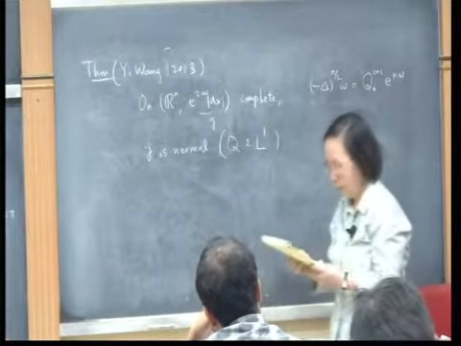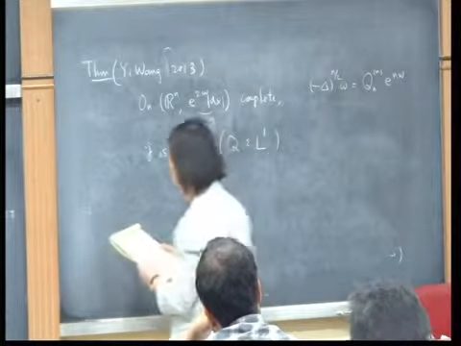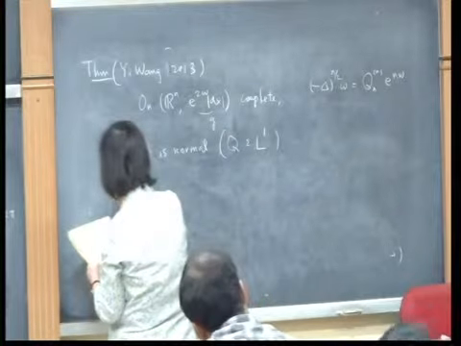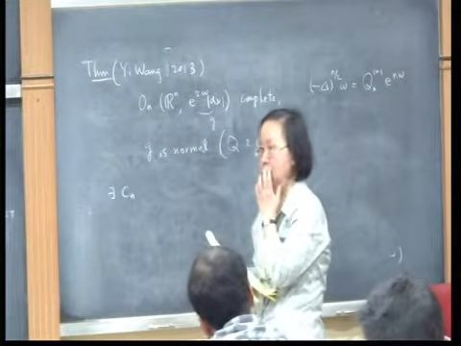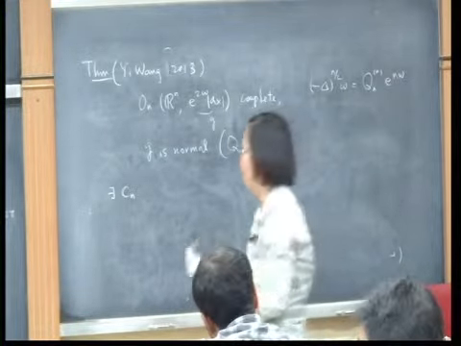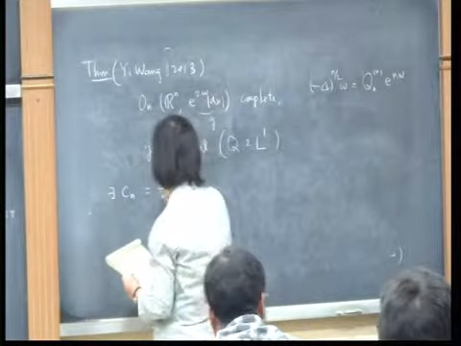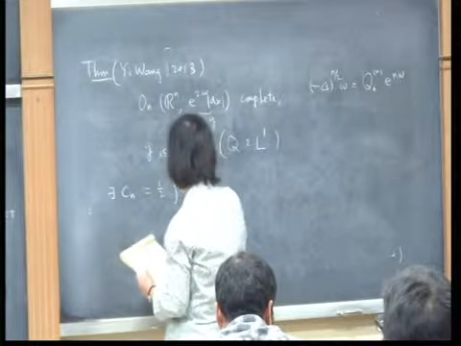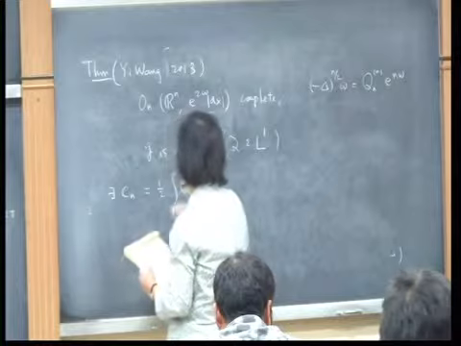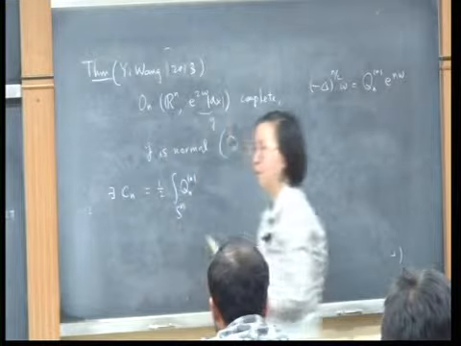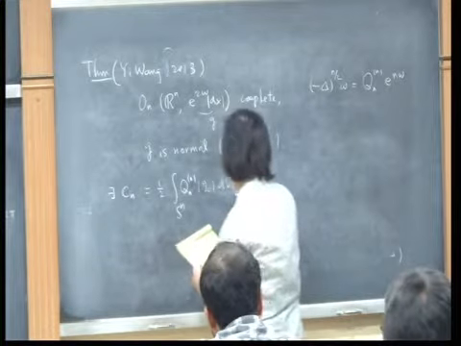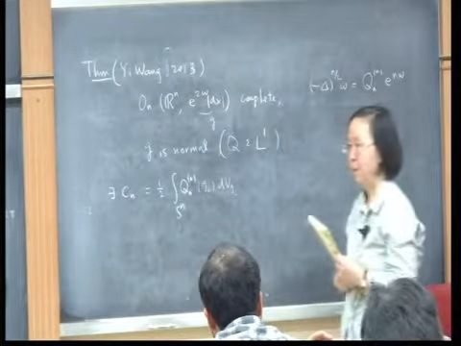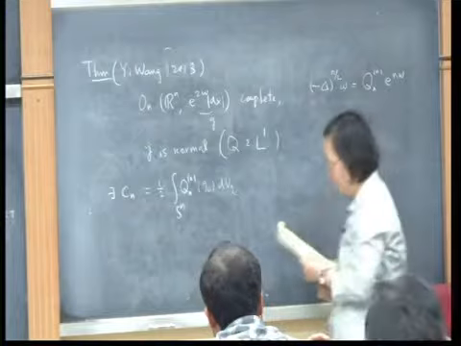Then the result says there exists a sharp constant C_n, exactly one half of the integral of Q_n on the sphere with the standard metric. One computes things on the sphere. For example, C_2 is 2 pi, and C_4 is 4 pi squared.